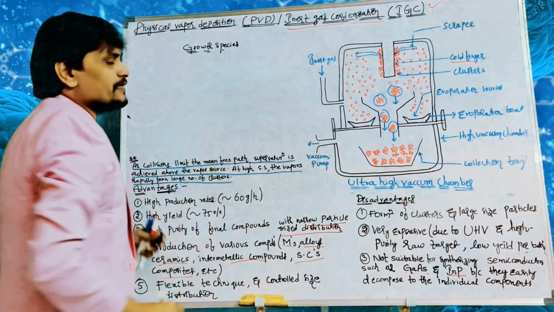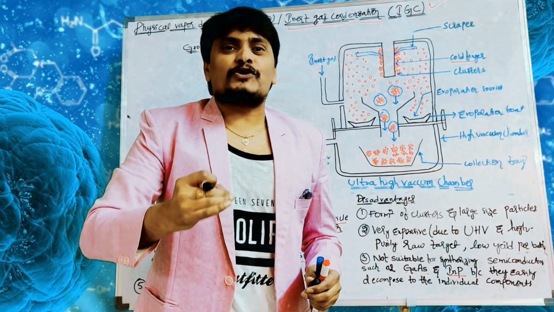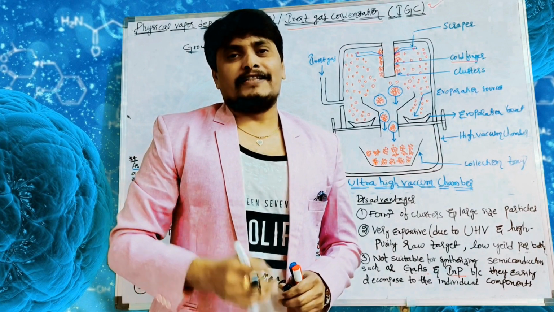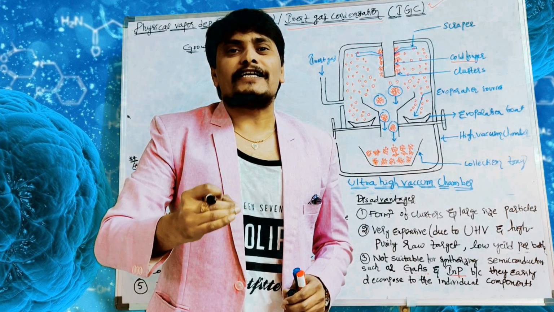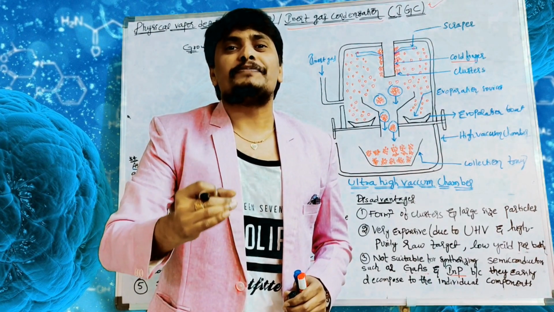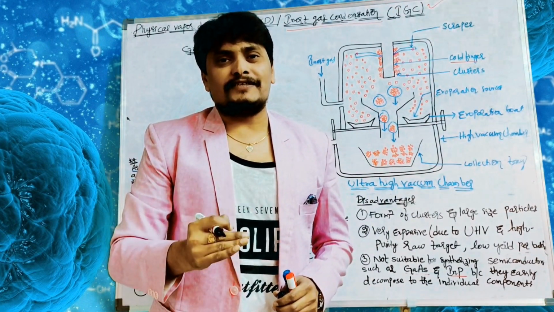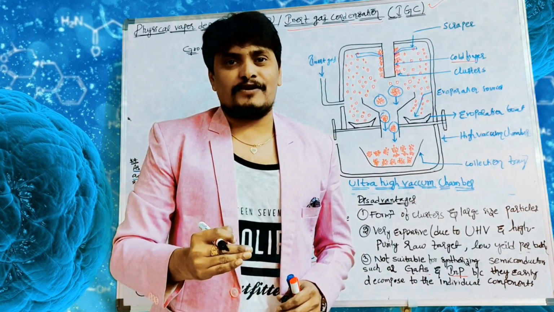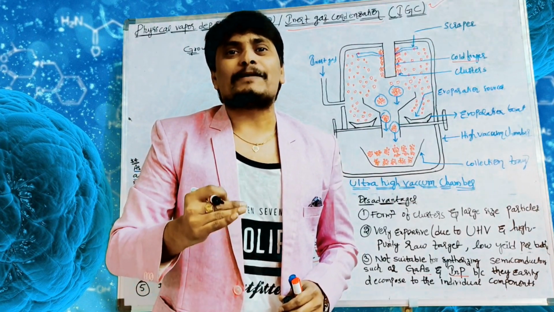What do you mean by growth species? Growth species are the species which are going to convert into the nanoparticles during this physical vapor deposition method. So PVD involves transferring growth species from the target and depositing them on the substrate.